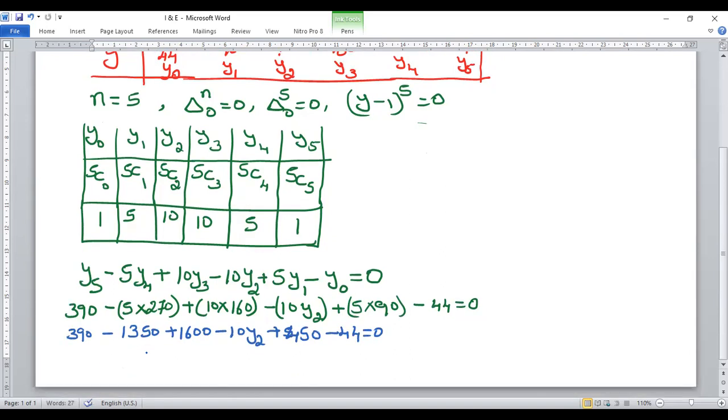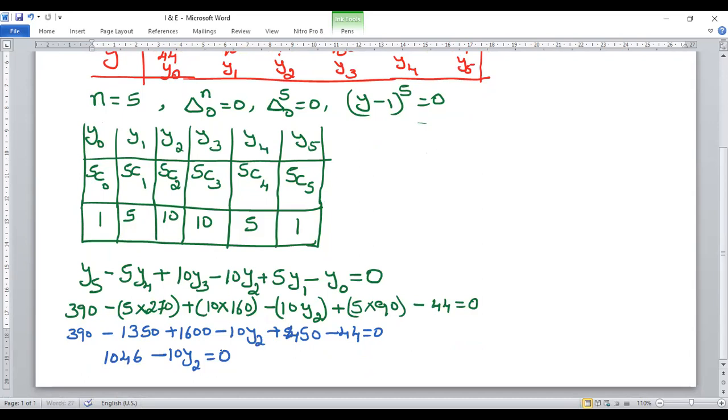In the next step, we add and subtract the numerical values. That is 390 minus 1350 plus 1600 plus 450 minus 44. So we will get 1046 minus 10y2 is equal to 0.